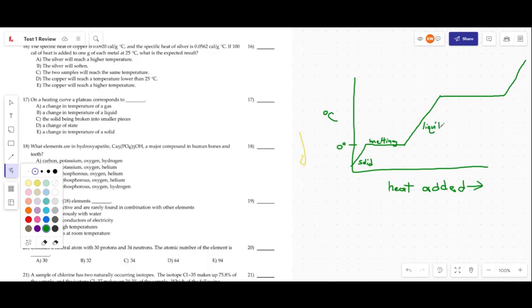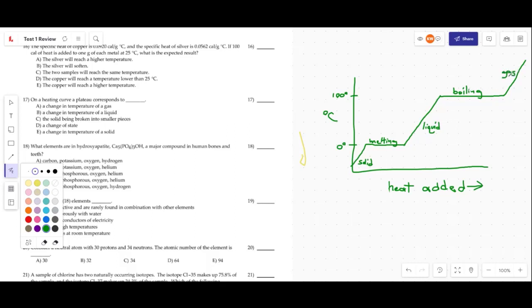And then once the liquid has reached the boiling point, once again the temperature stops. This is now boiling or evaporating. And then of course once you get up here it's a gas.